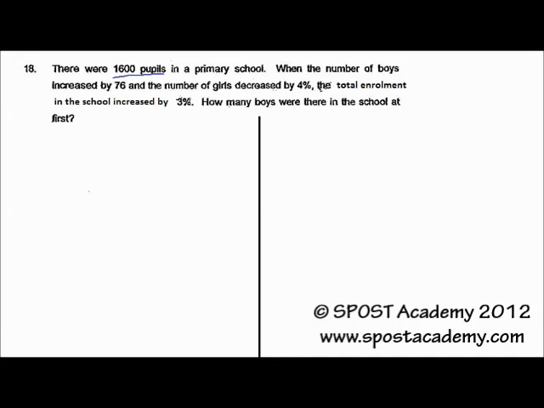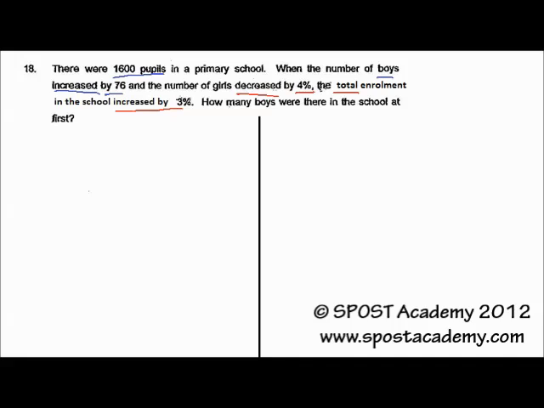So at first there were 1,600 pupils in the school. When the boys increased by 76 and the girls decreased by 4%, the total enrollment increased by 3%. This is the total. So I know that there were at first 1,600 pupils. Because of all these changes, it actually increased by 3%.